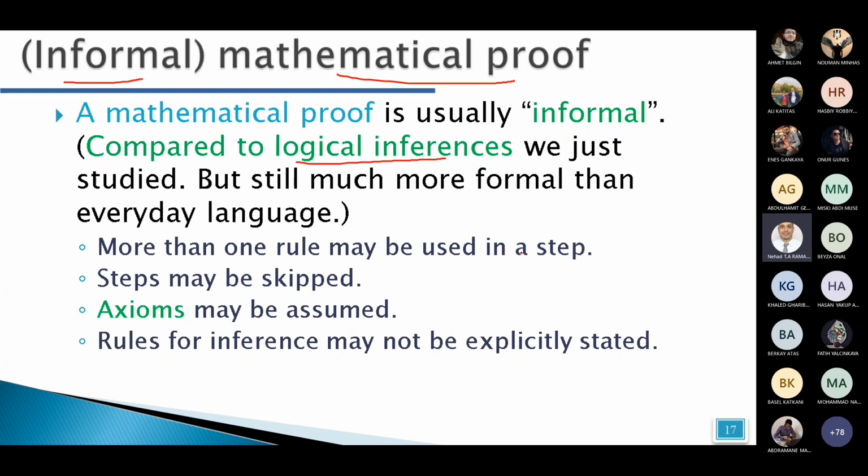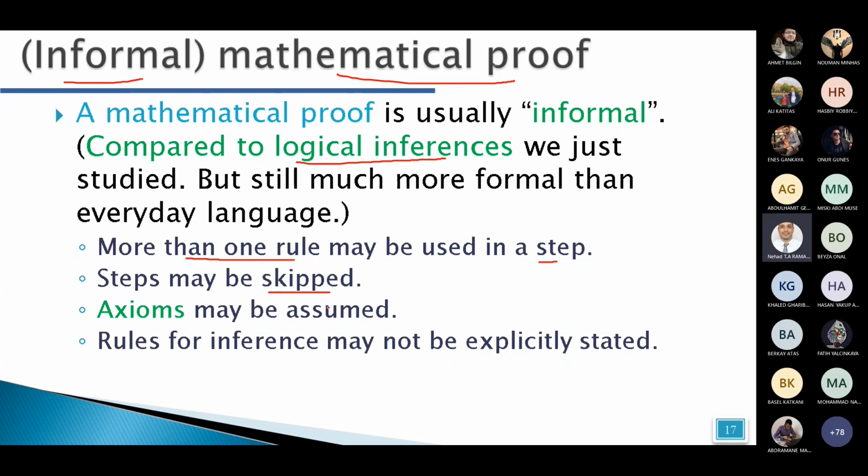So it gives you a faster way to make the proof. What does the mathematical proof contain? We can apply more than one rule in one step, not only one rule. You can skip some steps if they are known.